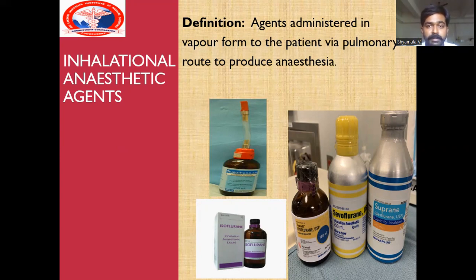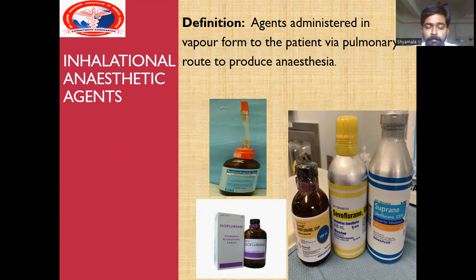So it will be delivered directly in that way, or it can be given through a normal face mask. If you want to give a small anesthetic effect, like with nitrous oxide, you can administer it through a face mask.